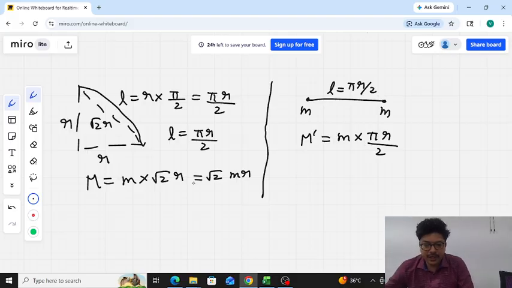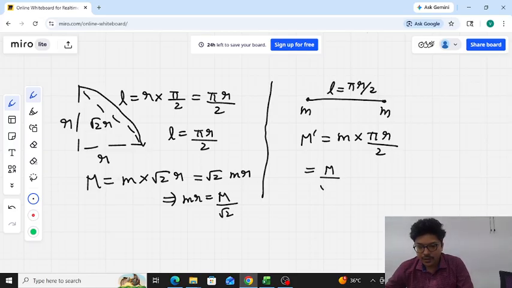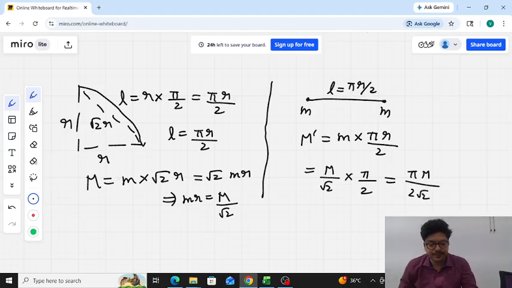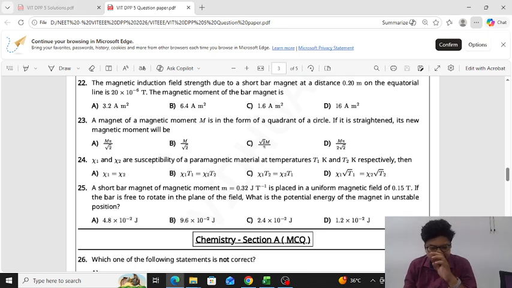So from here we can write M R is equal to M by root 2. Substitute that here. So you get M by root 2 into pi by 2, which will be equal to pi M by 2 root 2. So the answer is option D, pi M by 2 root 2.